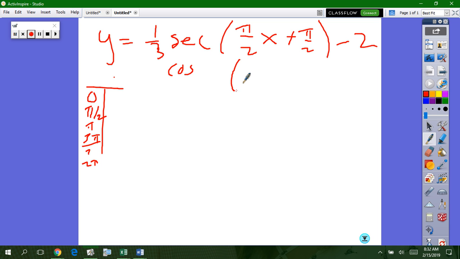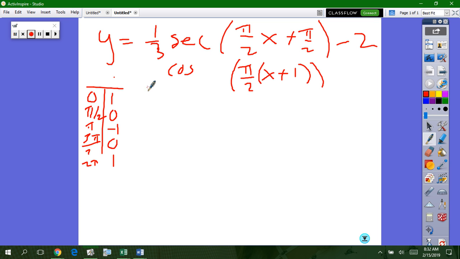Okay, I got to pull this out first. I pull out the pi halves. I'm left with what? X plus 1. Whoever said that, good job. Was that you, Faith Shelby? Good job, Faith Shelby. Secant goes 1. Cosine goes 1, 0, negative 1, 0, 1, right?